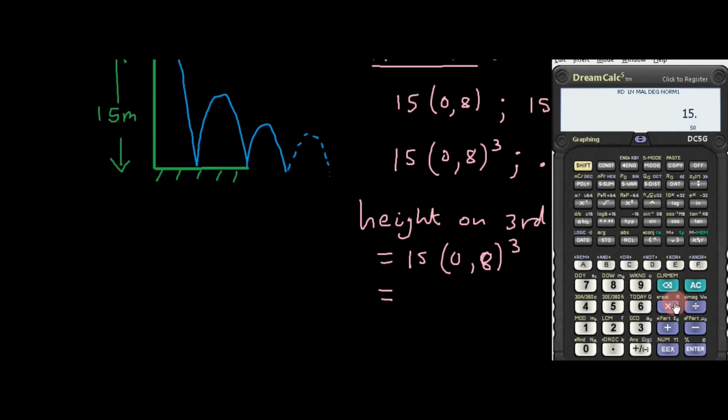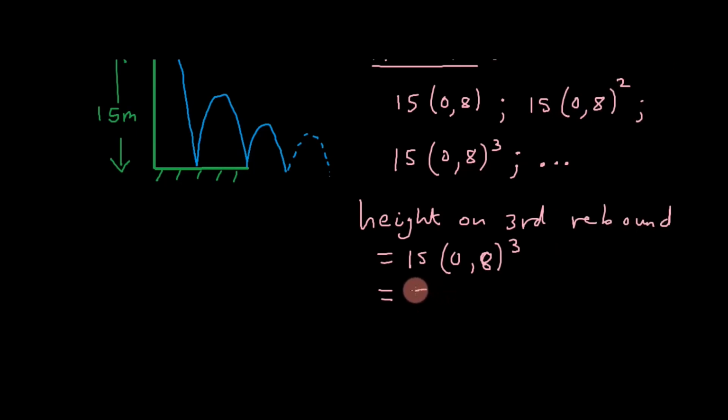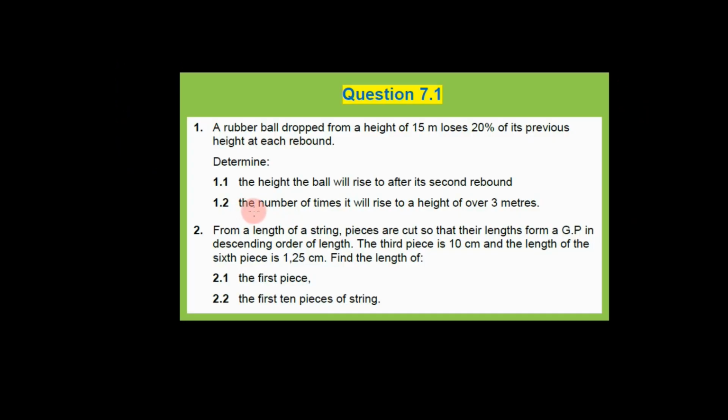So 15 times 0.8 to the power of 3, and it's 7,68 meters. So 7,68 meters. Then in 1.2 it says, determine the number of times it will rise to a height of over 3 meters.